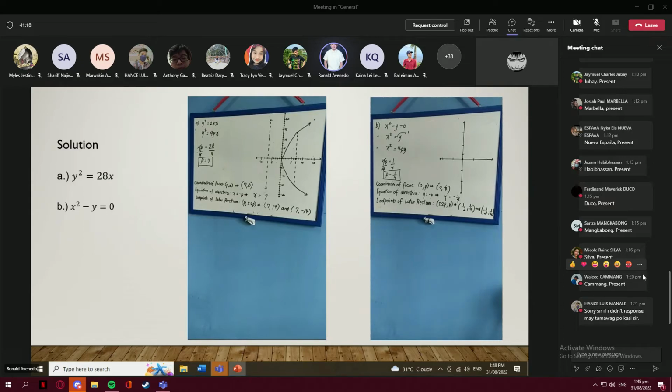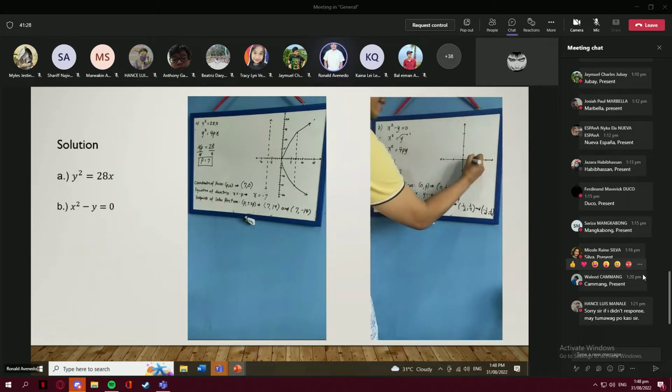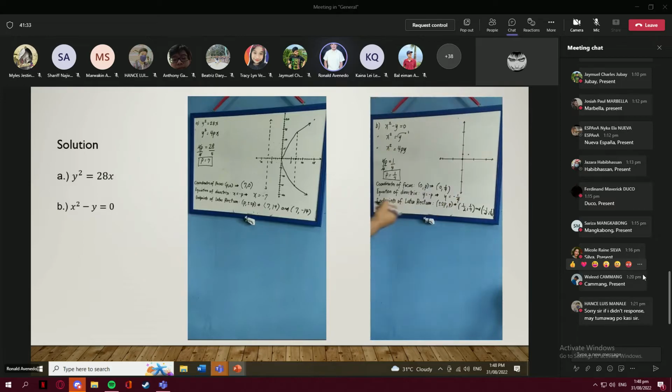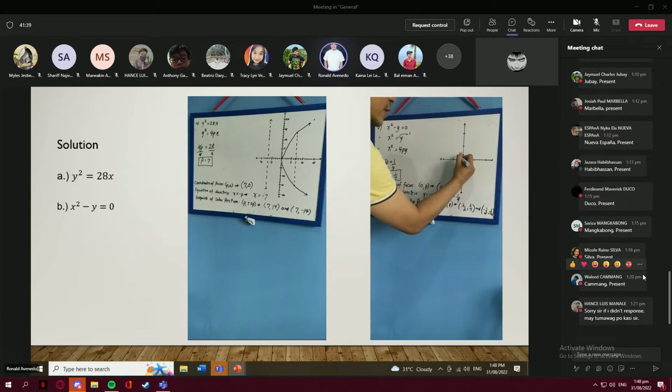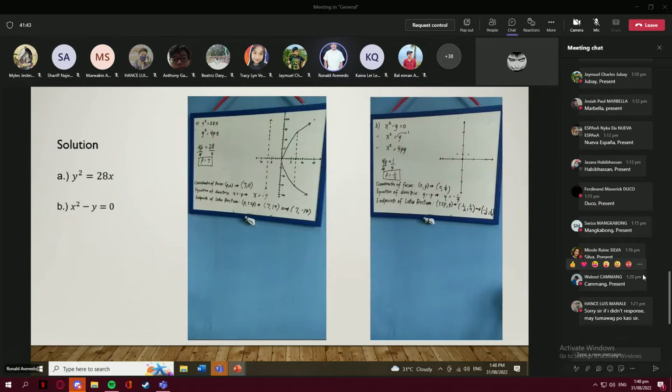Then endpoints of latus rectum. x is 1/2, y is 1/4. The other one is x negative 1/2, then 1/4. Very close because our p is less than 1.